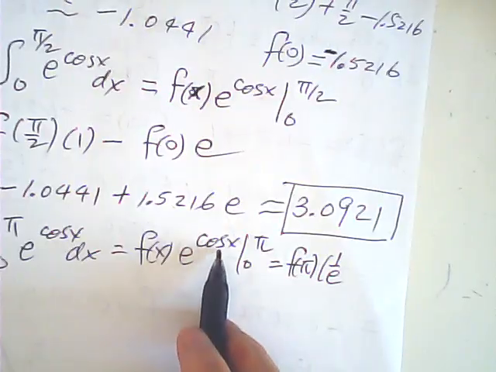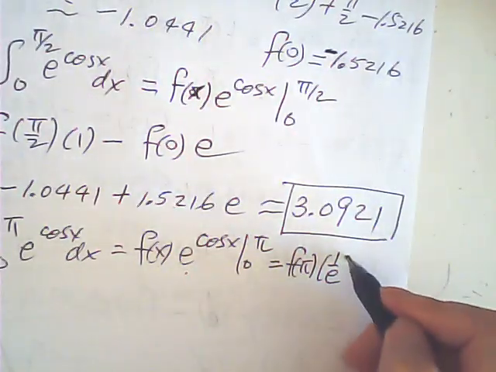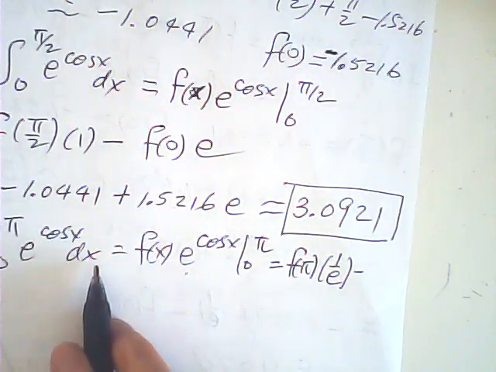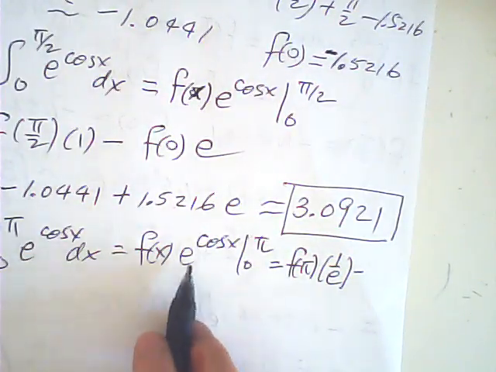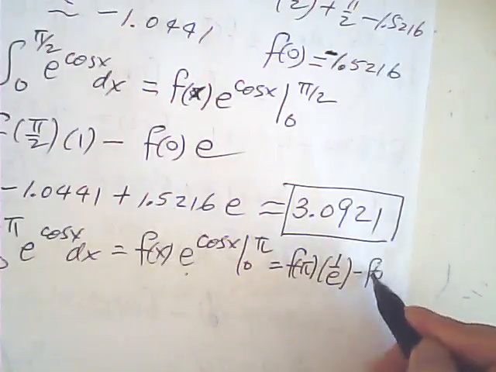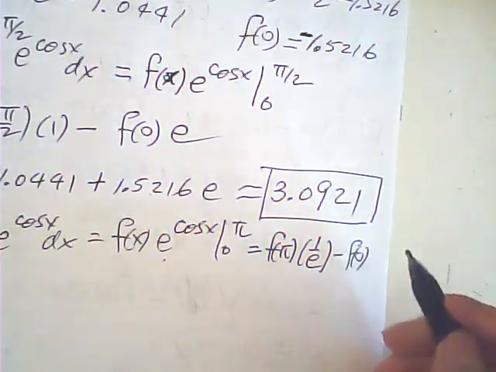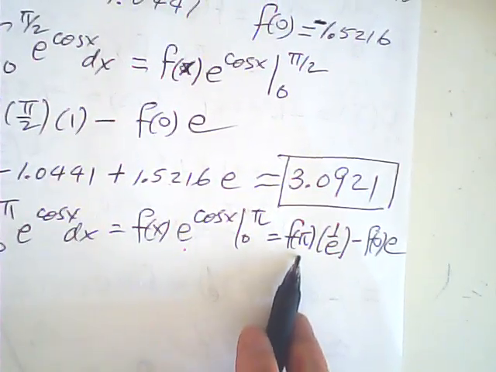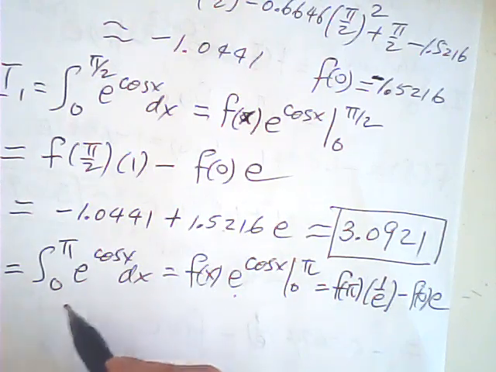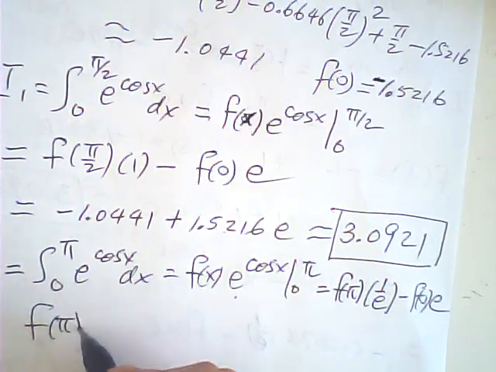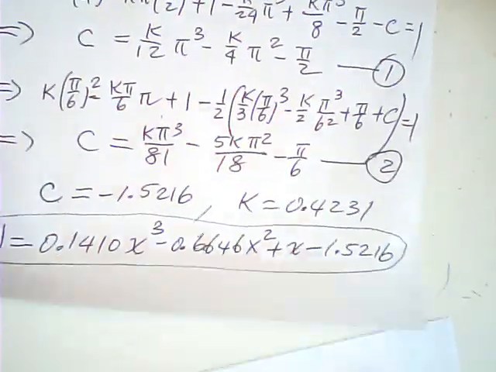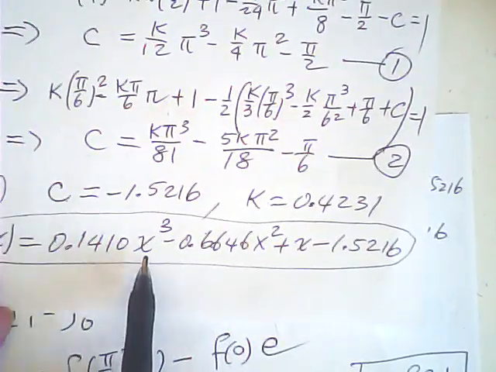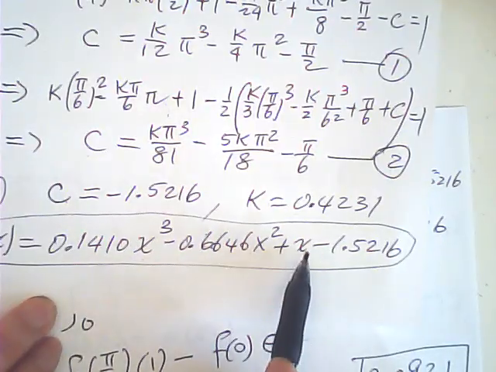Because cosine pi is negative 1. So 1 over e minus f of 0 times e, since cosine 0 is 1. So we just need to find f of pi. Well, for f of pi, we just plug the value of pi there.